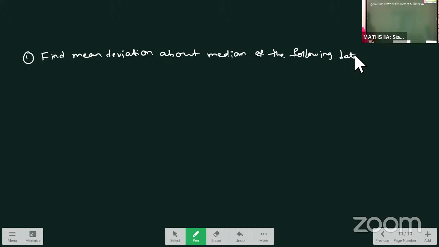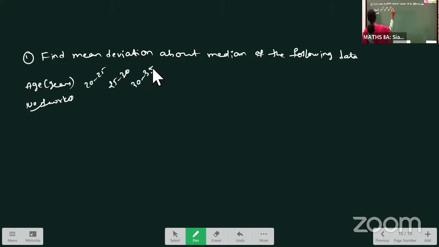The question is: age in years is given. Just consider it as class interval. Next, number of workers, this is the frequency. So here 20 to 25, 25 to 30, 30 to 35, 35 to 40, 40 to 45, 45 to 50, 50 to 55, and 55 to 60.